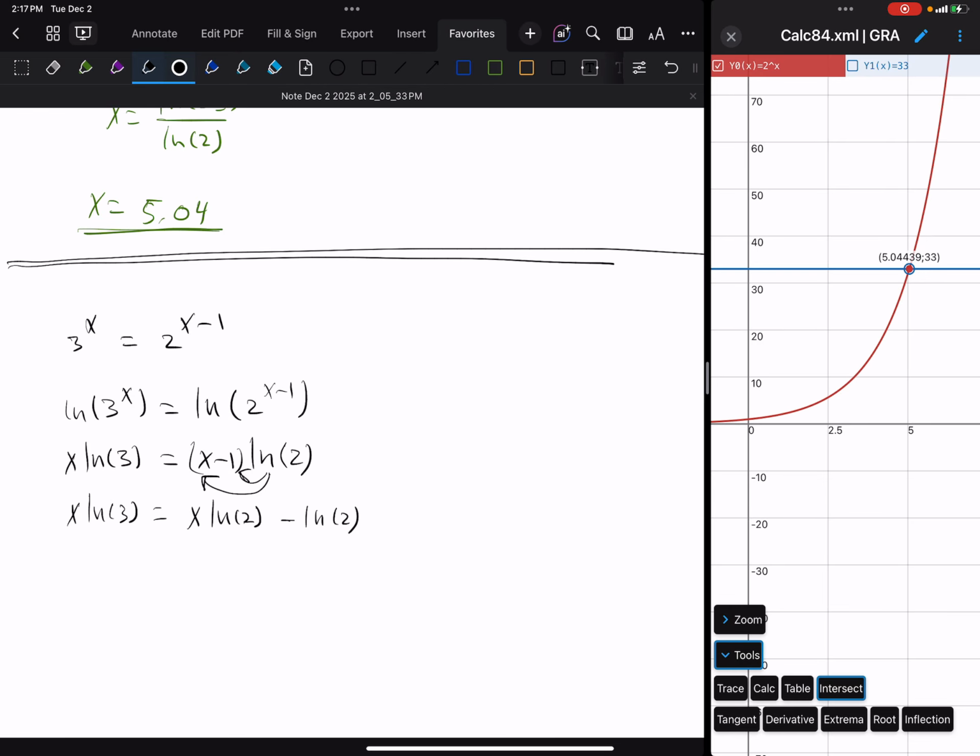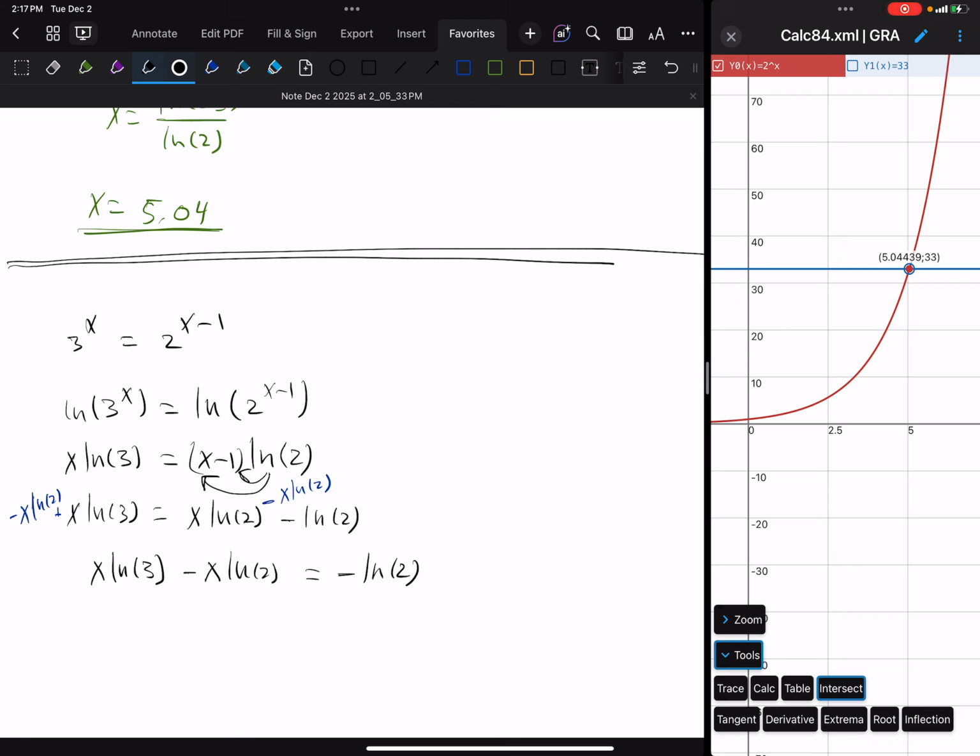And now I want to get everything involving x on one side and everything that doesn't have x on the other. That means I have to subtract x ln of 2 from both sides of the equation. That's going to give me x ln of 3 minus x ln of 2 equals negative ln of 2.